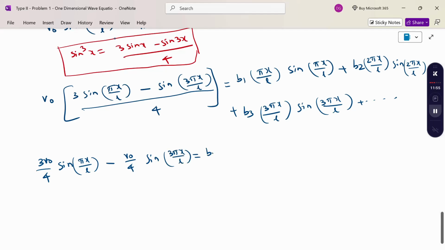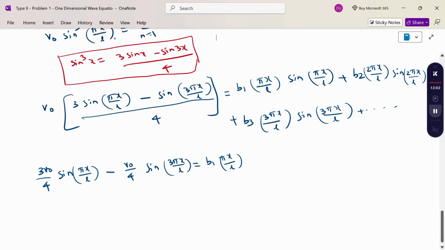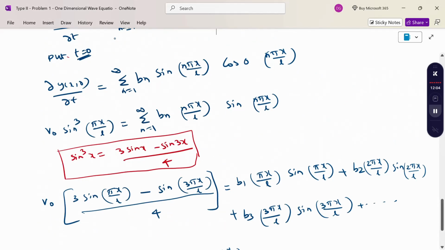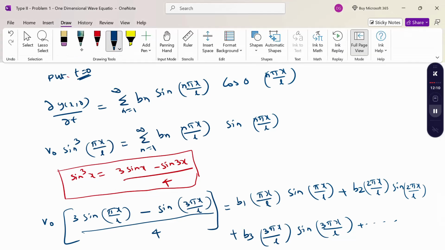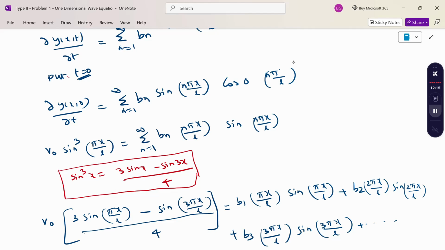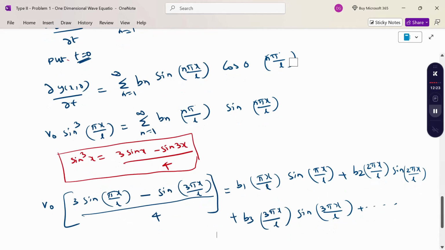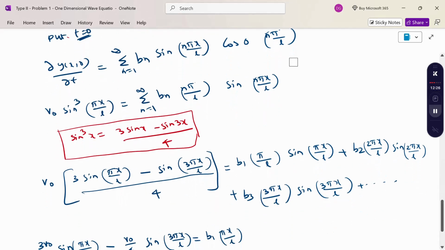On the right, when differentiating, only the constant n pi a by L appears, not x, so the terms carry a pi by L, a 2 pi by L, a 3 pi by L.